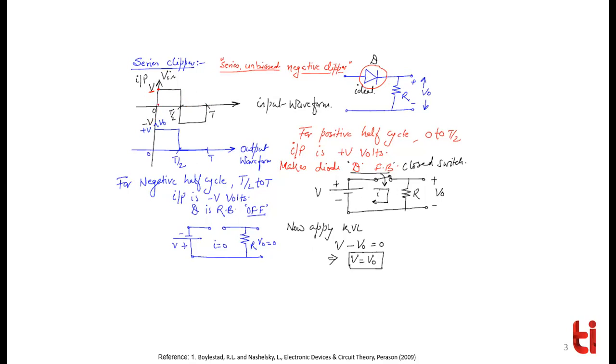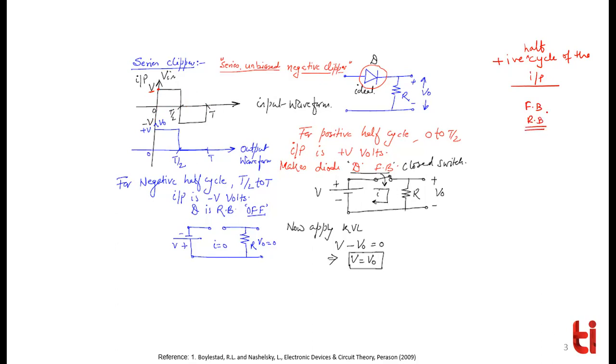Now we have to analyze this circuit. How to analyze it? The very first step is to take the positive half cycle of the input, and check whether the diode is in forward bias or reverse bias.